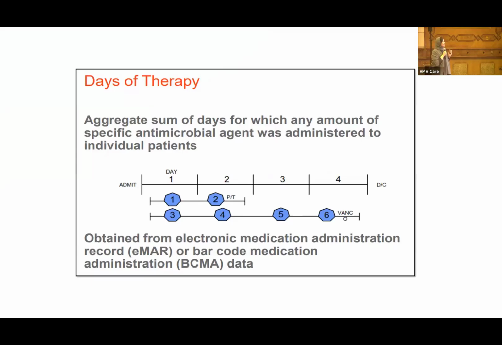Days of therapy is something that is related to the patient himself. So let's say a patient is taking peptazole for 2 days and vancomycin for 6 days. If we want to say how many days of therapy this patient is taking from those antimicrobials, 2 days of peptazole, 6 days of vancomycin, what is the DOT?